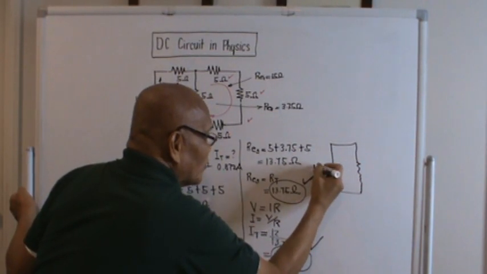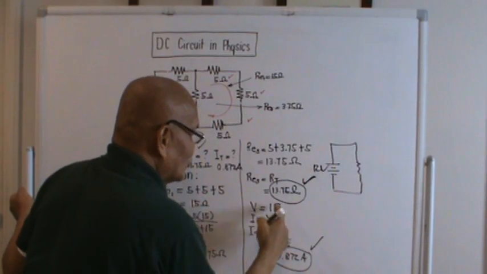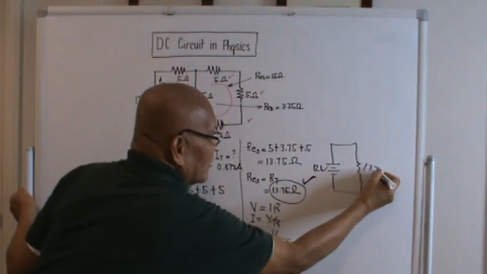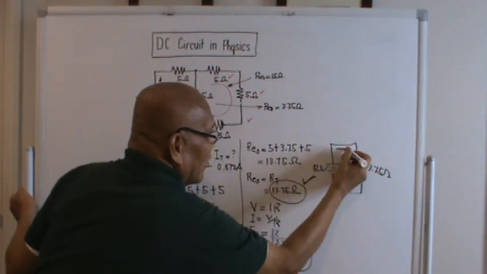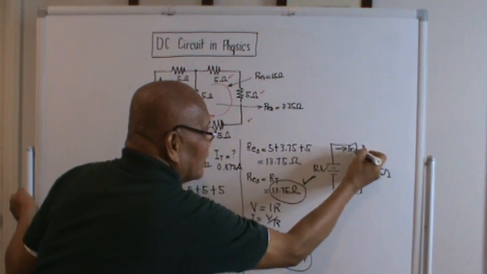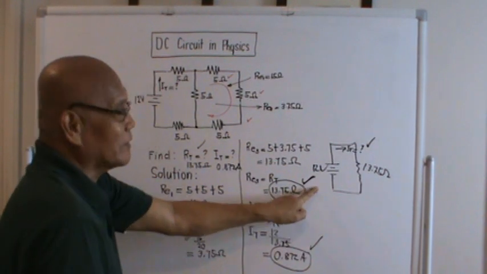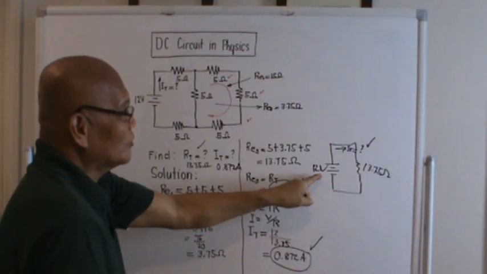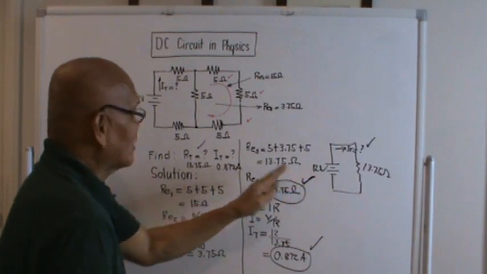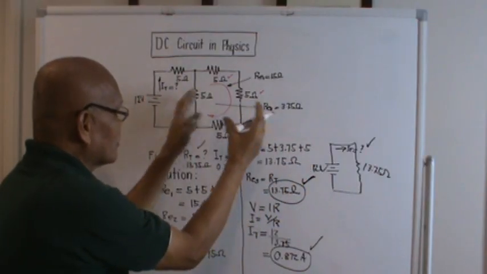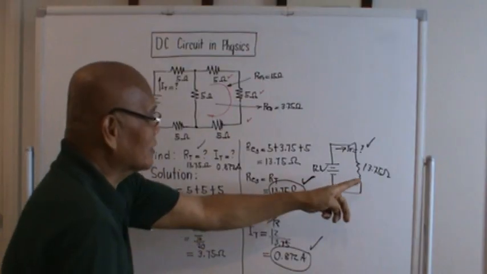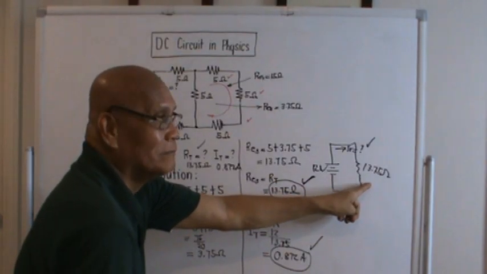Okay, this is 12 volts, and the total resistance is 13.75 ohms. And if we are asked to find the current, we can compute for the current. We are given the total applied voltage, the single equivalent resistance after the compression of all the resistances which are connected in series parallel combination, what comes out is 13.75.